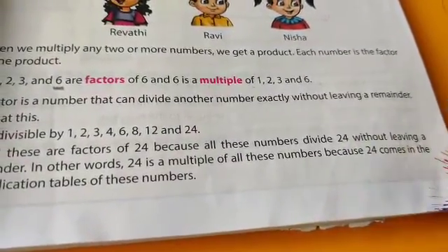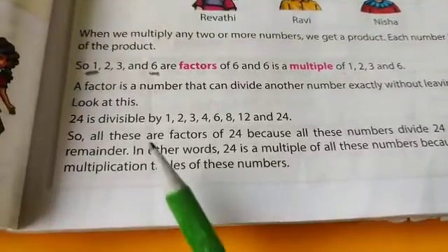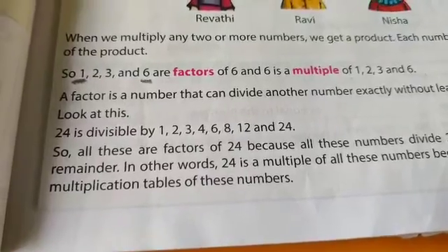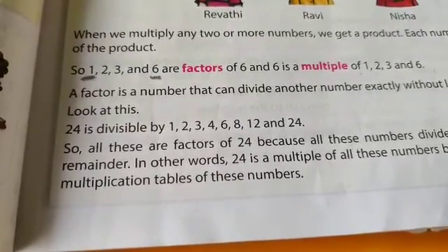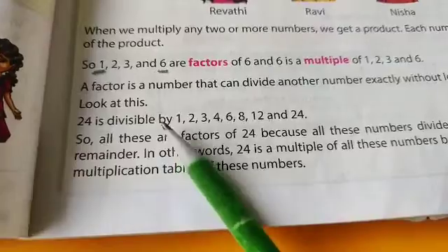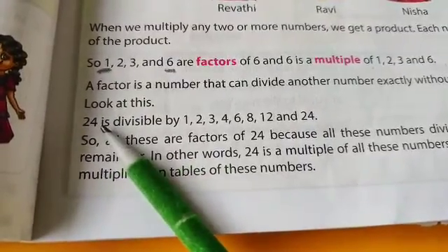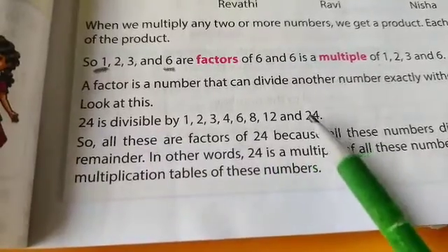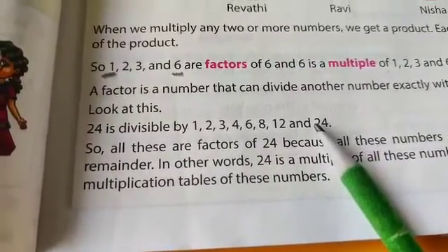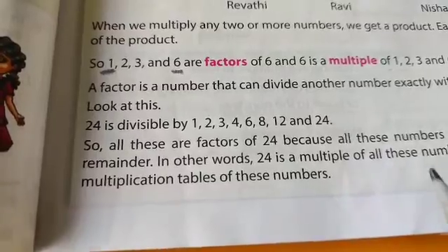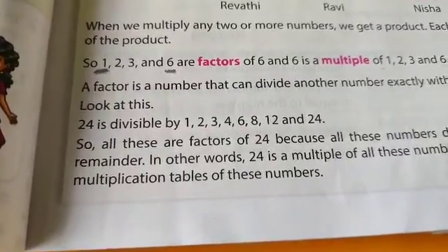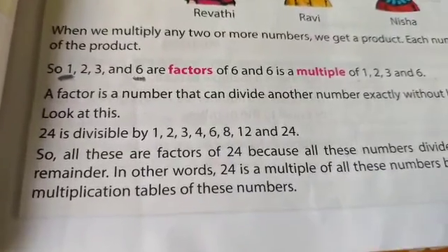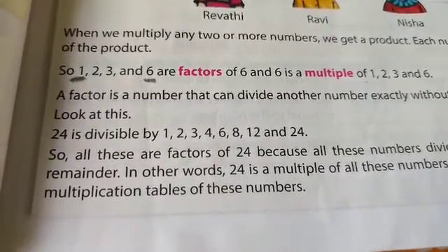No remainder means remainder will be 0. Is it clear? I am going to tell you a very easy way to find the factors. 24 is completely divisible by 1, 2, 3, 4, 6, 8, 12 and the number itself, completely dividing without leaving remainder. So that is called a factor. I am going to tell you the easiest way in the exercise.